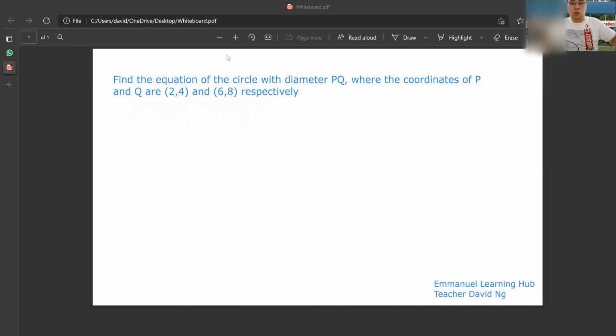Okay, this question. So how to do that? Okay, so this question, they ask you to find the equation with diameter PQ. So they did tell you PQ is a diameter already.